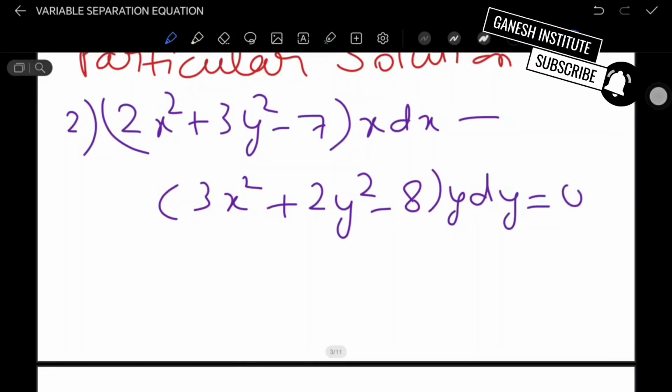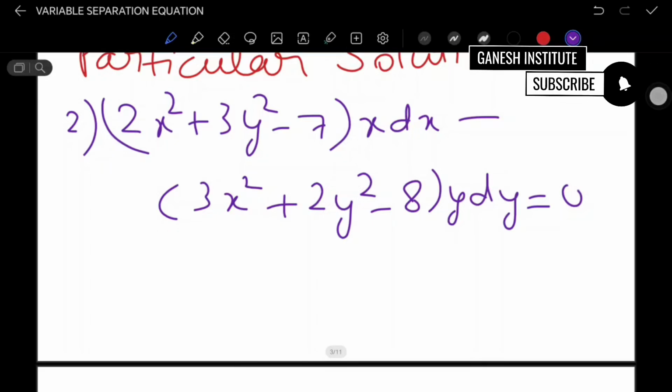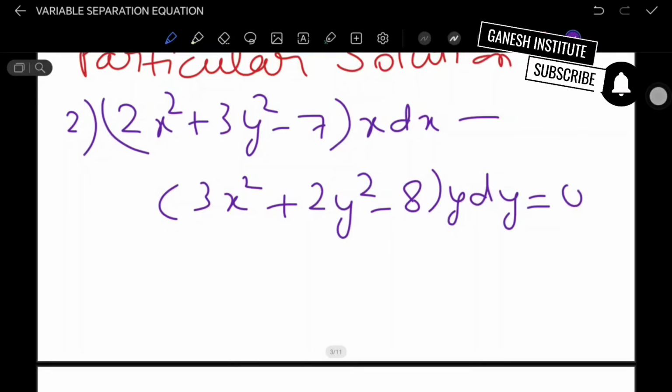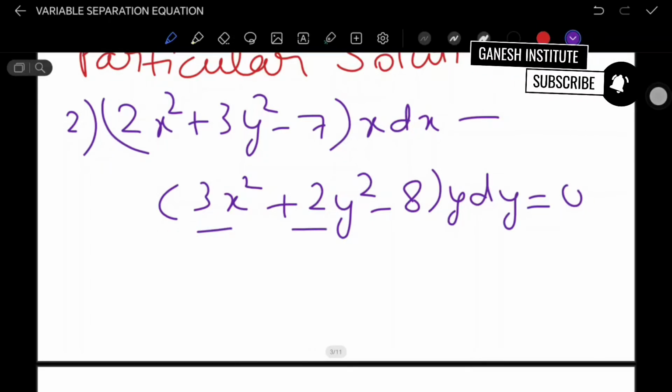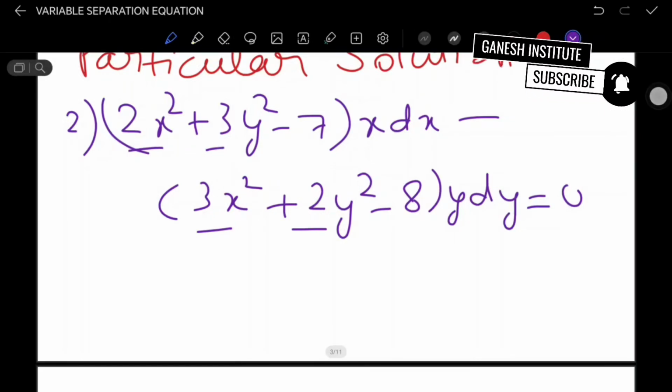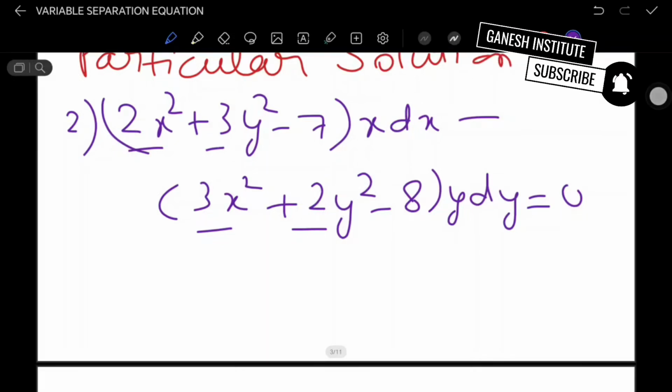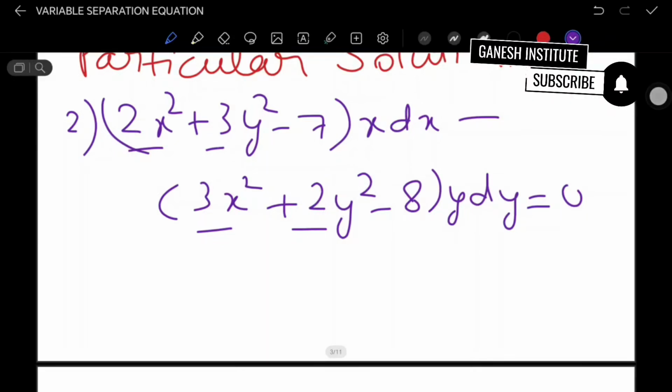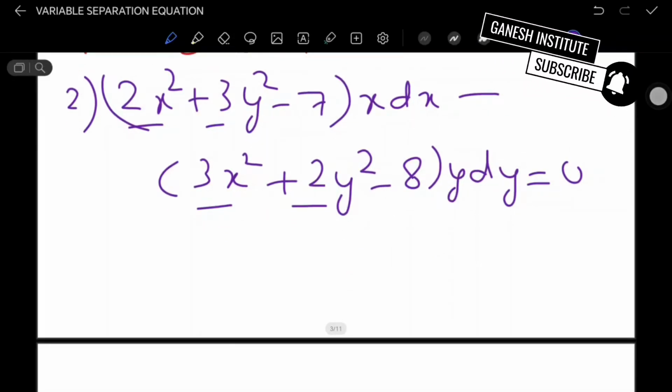All right, what am I supposed to do? This is a mix of x and y, right? In whatever way I try, I would not be able to separate it fully in terms of dx and dy, right?